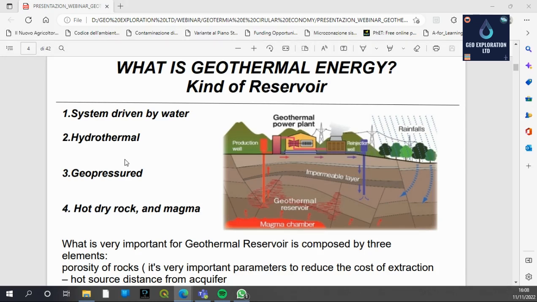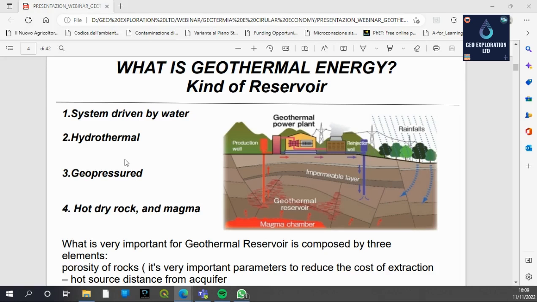So there are different reservoir systems, driven by water, driven by steam, because geothermal energy can be developed at different temperatures, from very small temperatures, starting from 15 degrees, to 200, 300 Celsius degrees.